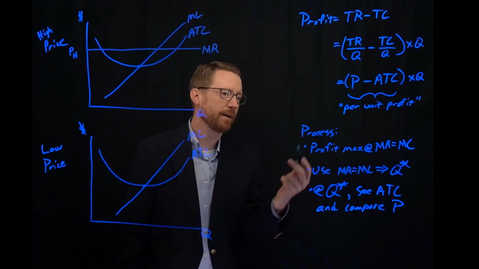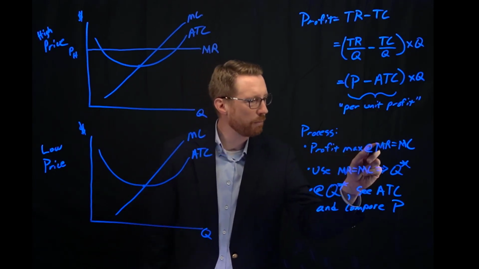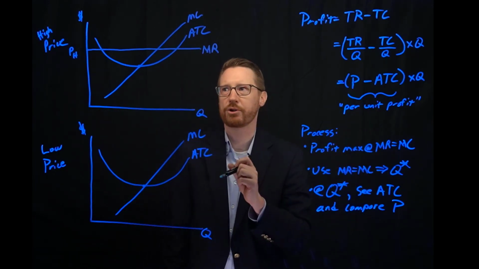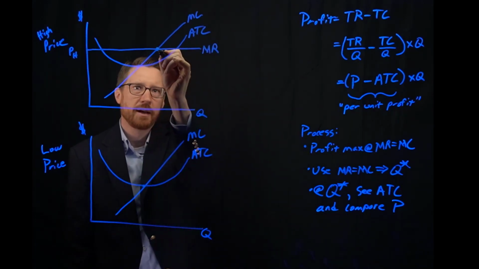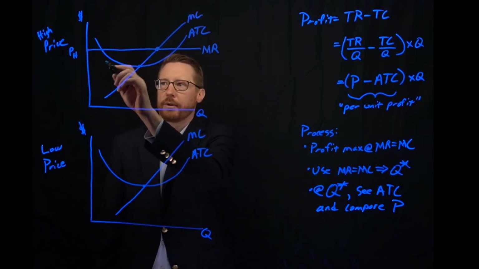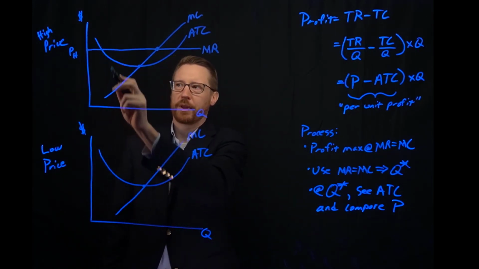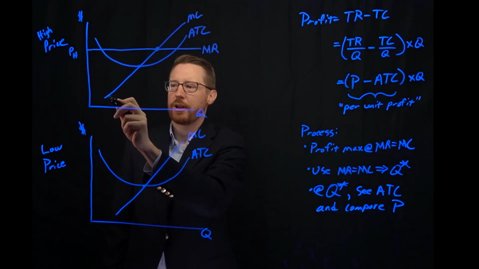We said our process for our firms is that their profit max is when marginal revenue equals marginal cost. Where does marginal revenue equal marginal cost? We find where those two curves cross. So one unit, what does the firm think? It thinks, well, gee, I can get marginal revenue of this high price, but my cost is low. Yep, produce it.